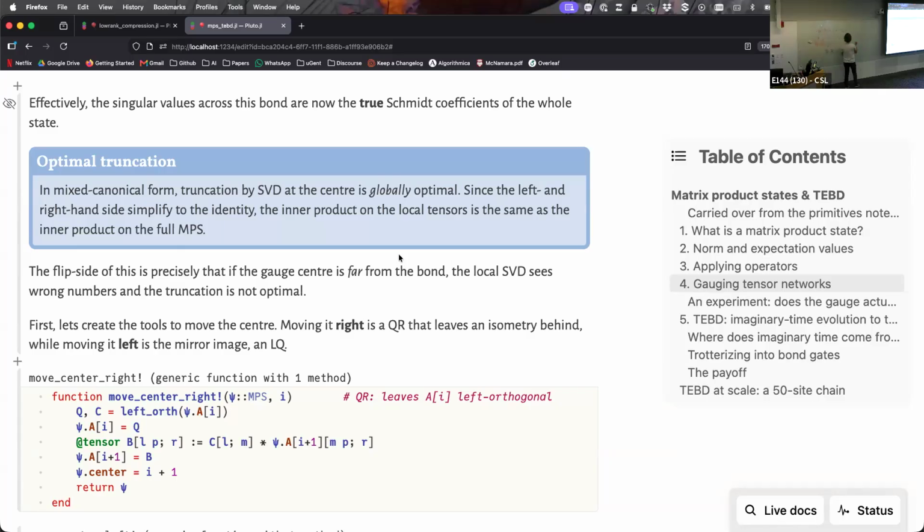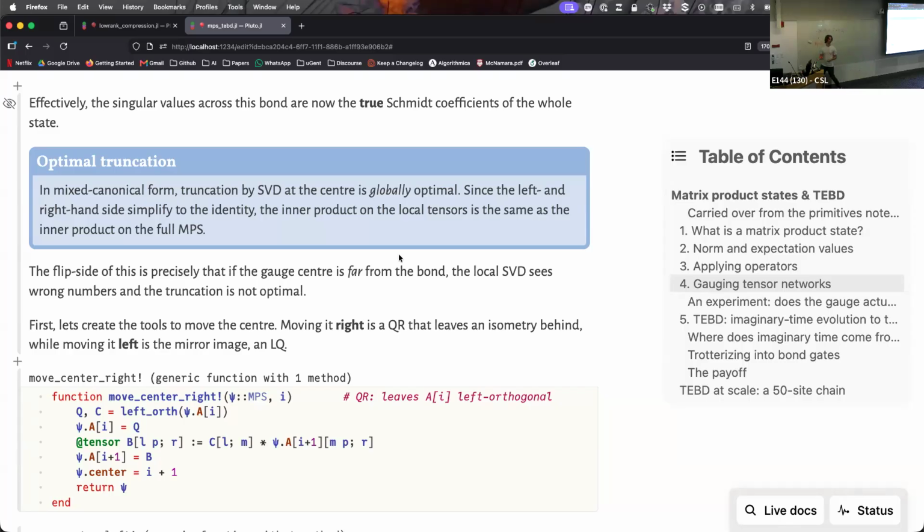I can do the exact same game from the other side, where I do an LQ decomposition, which gives me an L that I absorb here. And I'm left with something in the center gauge, because now everything on the left is a Q and everything on the right is a Q. Very often we use triangles to denote this Q with a direction.